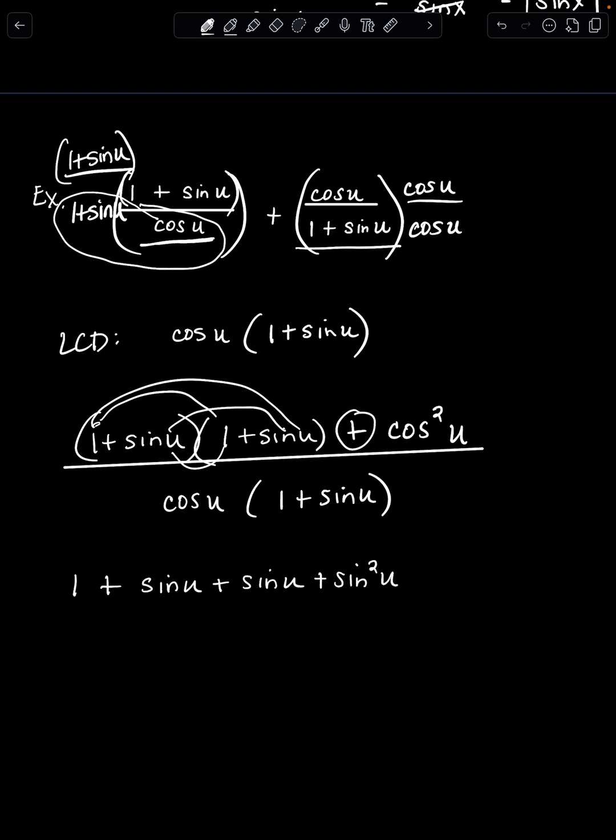That was my FOIL. And then I've got plus cosine squared of u. That was still left over from the end of that. All right, so I multiplied that out. It stays over my common denominator.